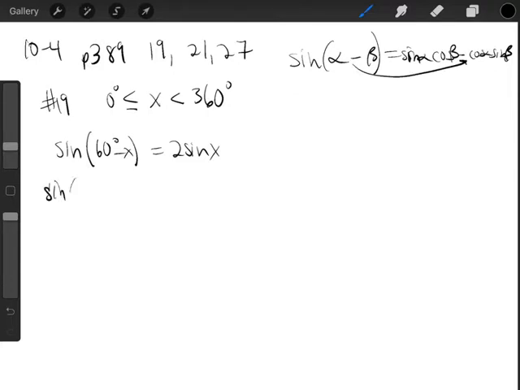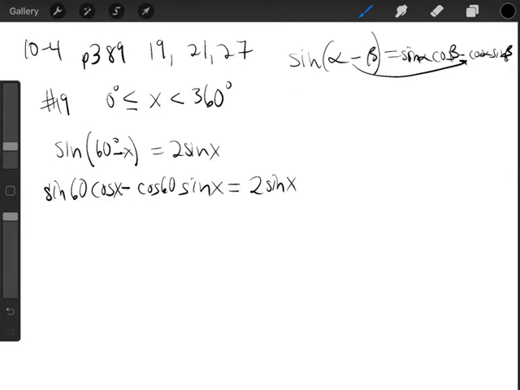So that's the first thing I'm going to use here. Sine, cosine, cosine, sine. I'll put in my 60 and my x, and if this is a minus, this is a minus. And on the other side, I'm just going to leave this right now, 2 sine of x.